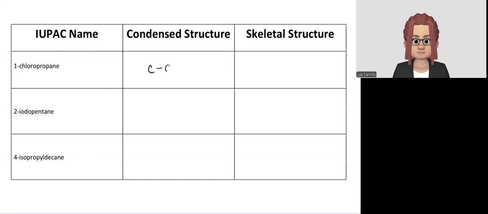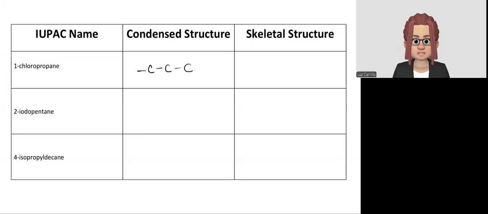1, 2, 3 carbons. Remember that in the condensed structure, you're going to illustrate all of the atoms, the carbons and the hydrogens attached to the carbon, and also the halogens, like in this one. So I drew my propane, then I proceed to draw my chlorine.